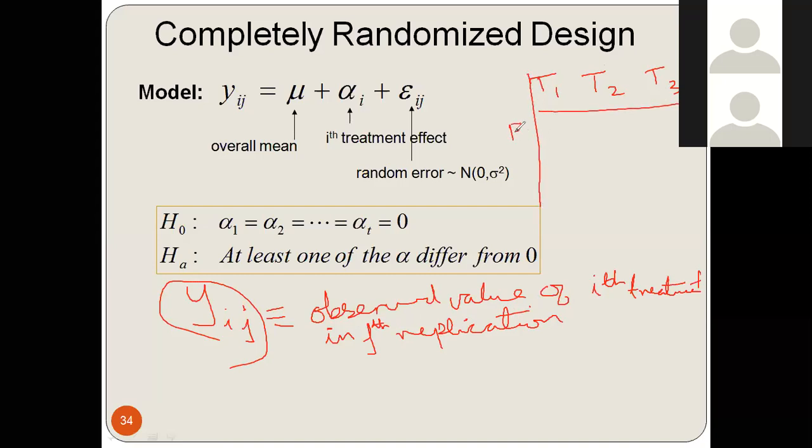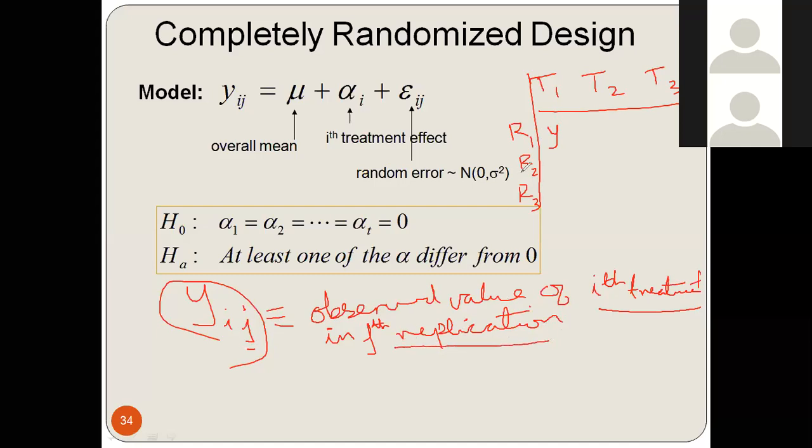I will put replication 1, replication 2, and replication 3. So this is called Y. Always remember the first digit, which is i, refers to the treatment. The second digit, j, refers to the replication.